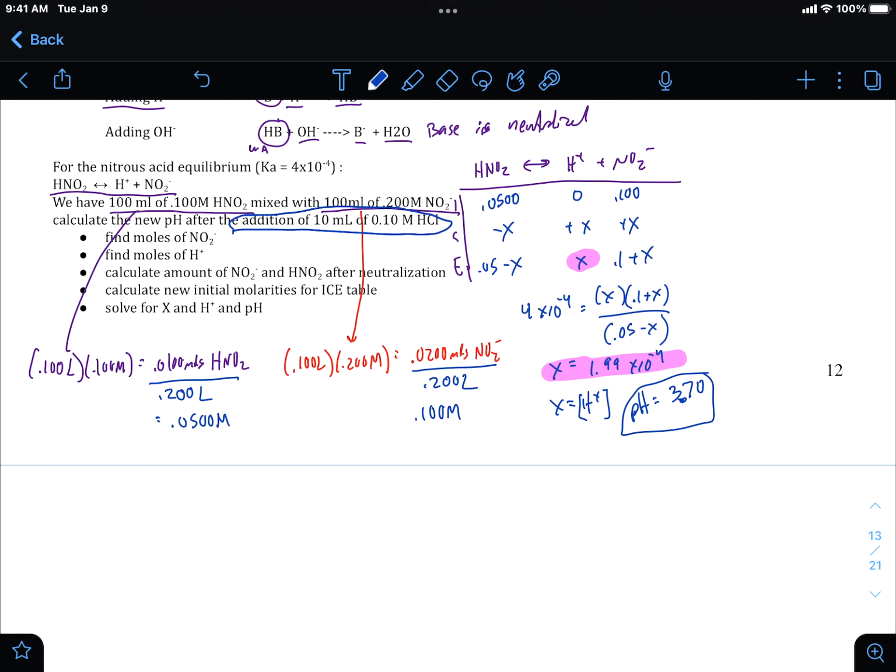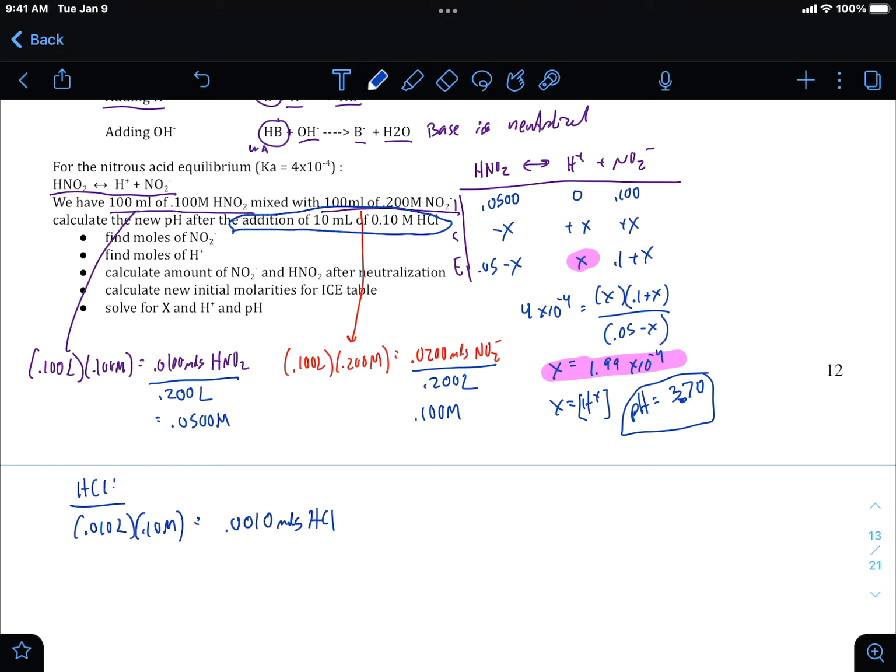In order to do that, first I've got to figure out what I'm adding, right? So for HCl, I've got 0.01 liters times 0.1 molar, so it's 0.001 moles of HCl.